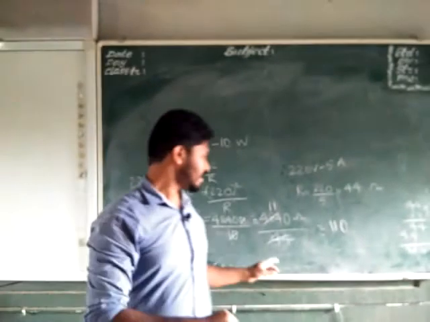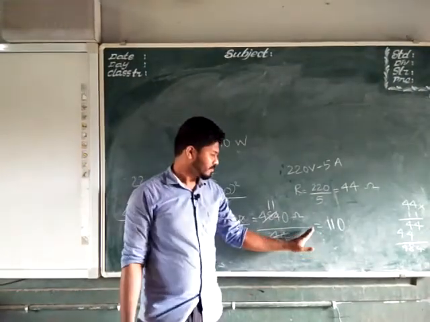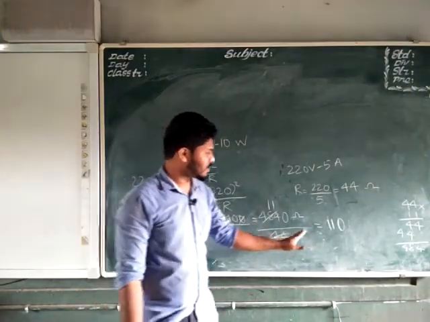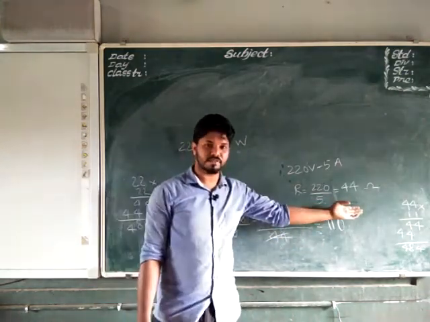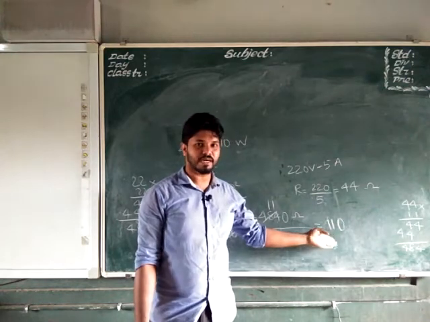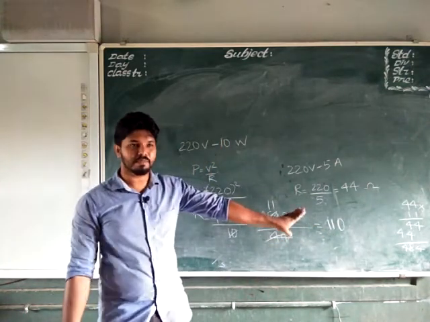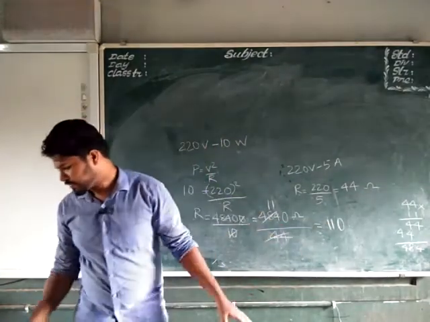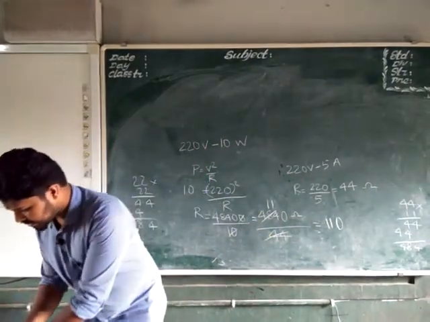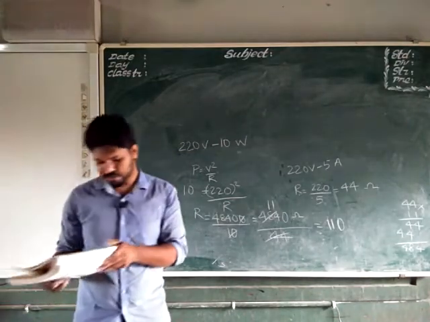So we are checking how many bulbs can be connected. We divide the individual resistance by the resistance of the circuit. So that gives us 110. So 110 bulbs can be connected in parallel in this circuit. That's all about the 12th question.